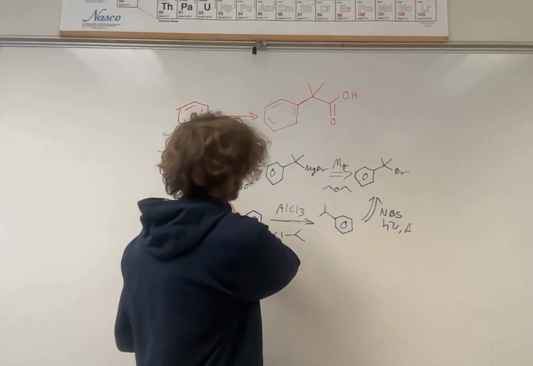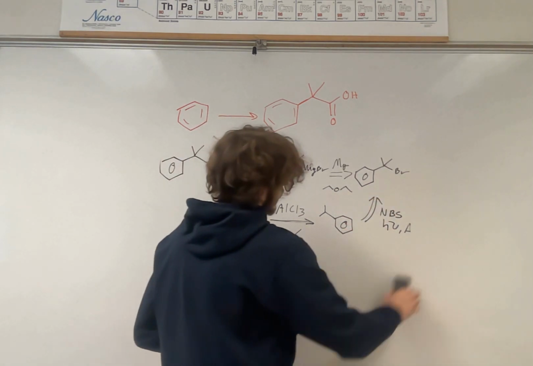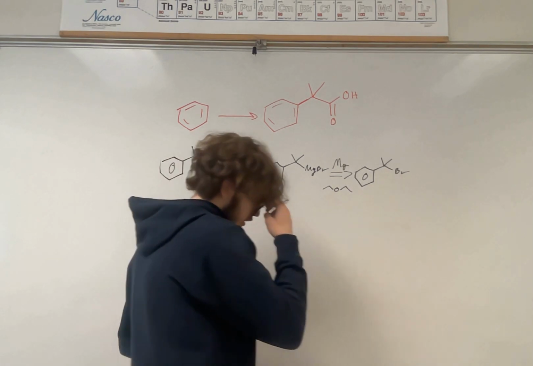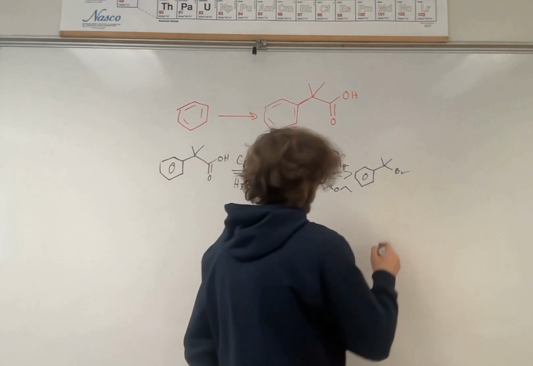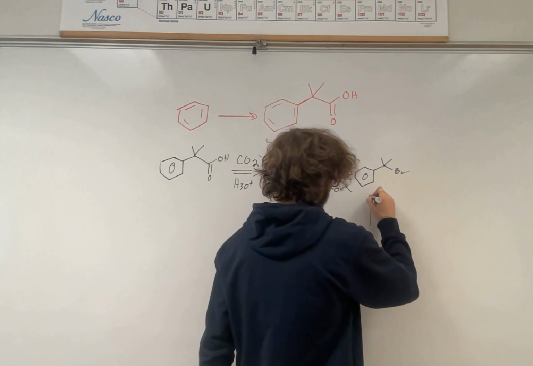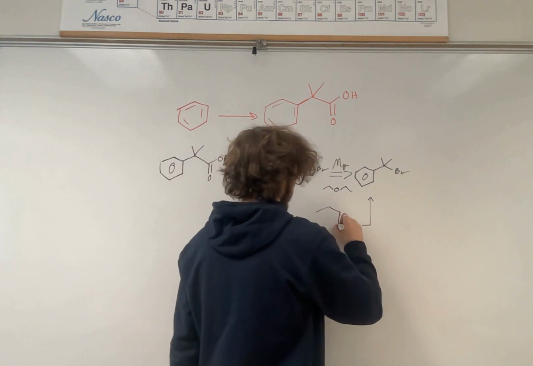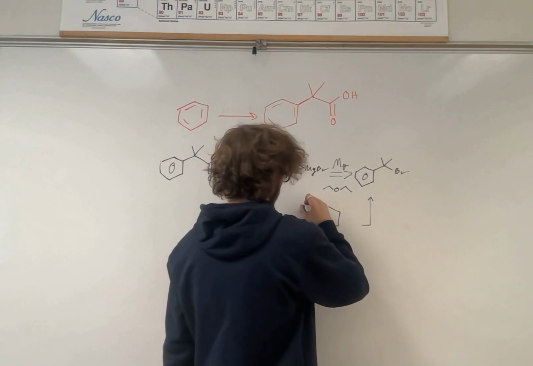I got from here to here, and I said, okay, we could do this a different way, using more water kind of chemistry. So my thought process here was, okay, let's use an alcohol.